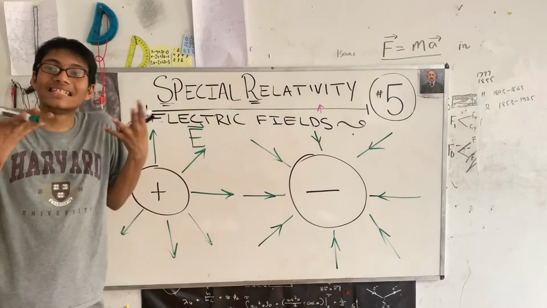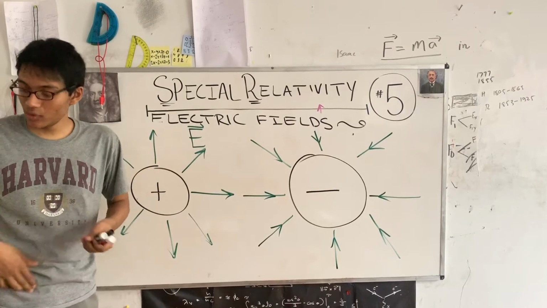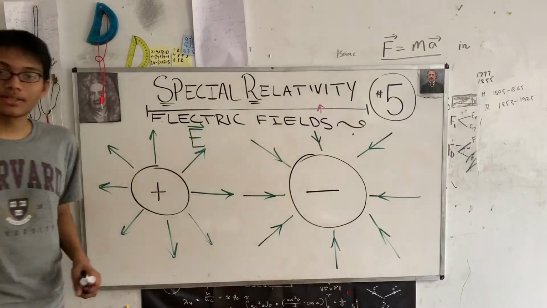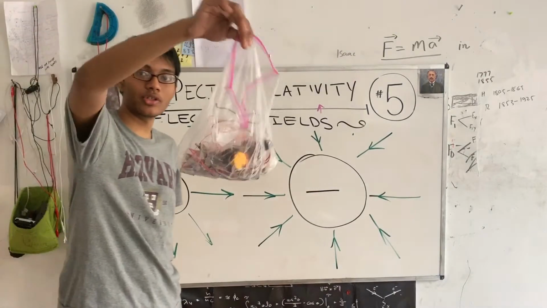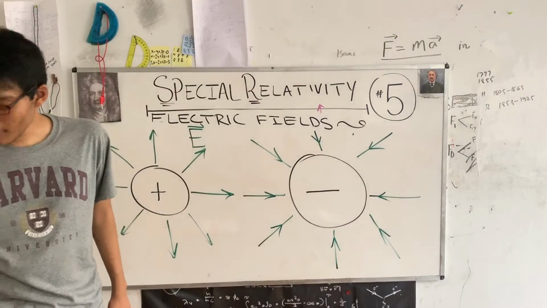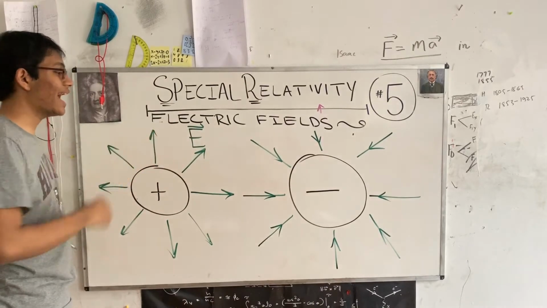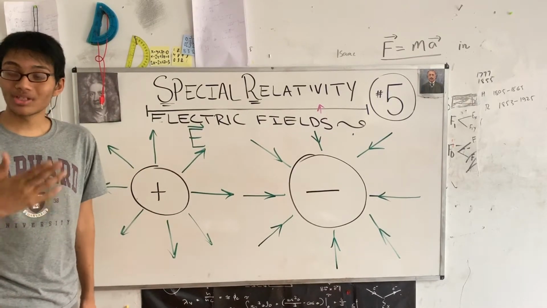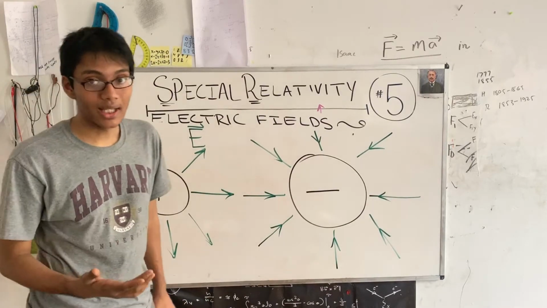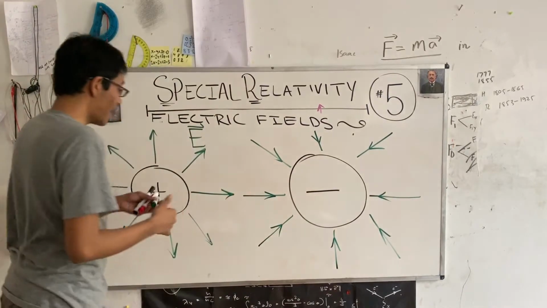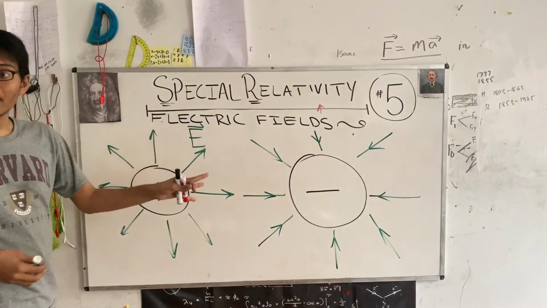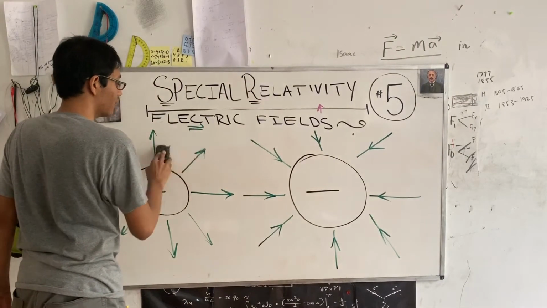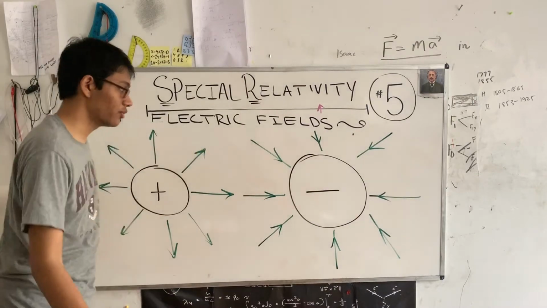And what if we have a dipole? In other words, what if we have something like this? Well, it's too deep in my bag, otherwise I would have shown you. But what if we have a positive and a negative charge in the same field? In other words, an electric dipole, right? So what I would have is essentially this, but now the field lines are going to travel between each other. So let me show you what I mean.